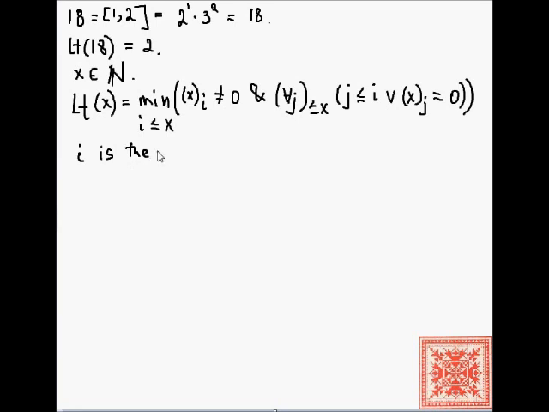So the common sense interpretation of this definition is that i is the index of the last non-zero prime power in the factorization of x.